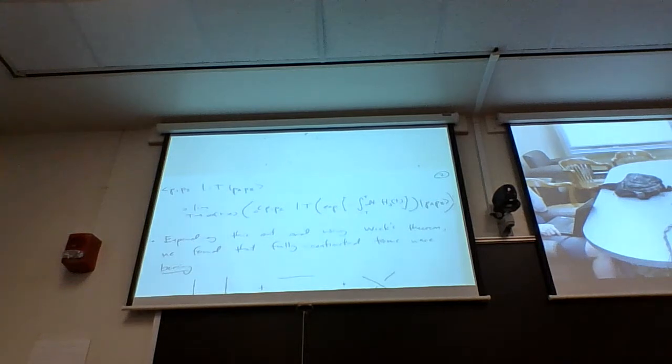We've done that for the 2-point functions, where we're sandwiching things between vacuum states, and there, all the uncontracted fields just gave us 0, because they annihilate the vacuum state.